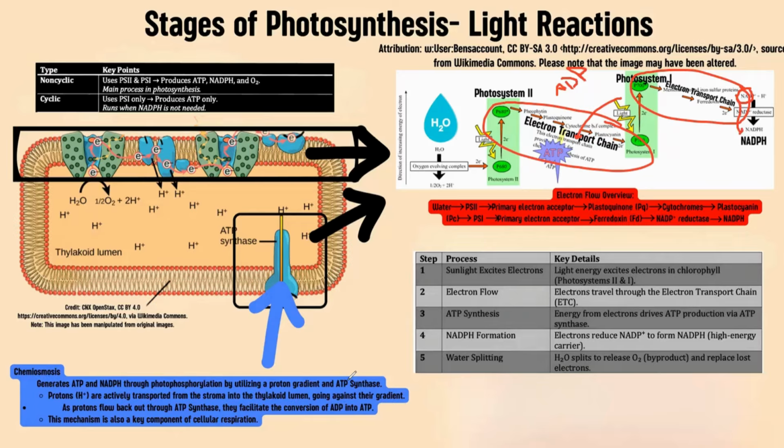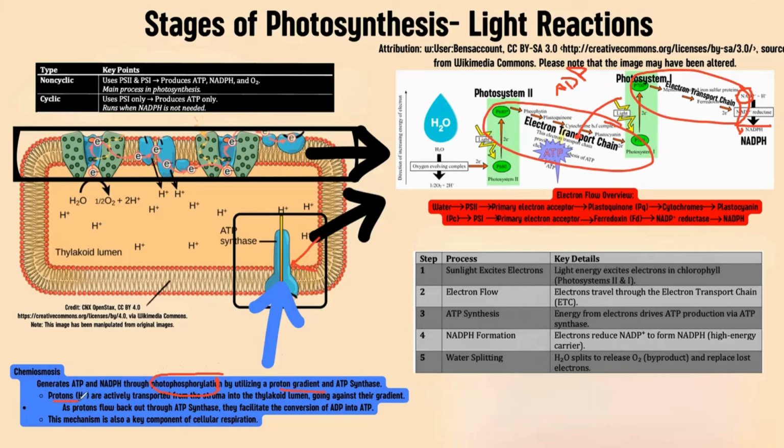The act of generating these is through the photophosphorylation, which is the excitation of that light by using a protein gradient. So NADPH is a protein gradient, and ATP synthase is also a protein gradient.